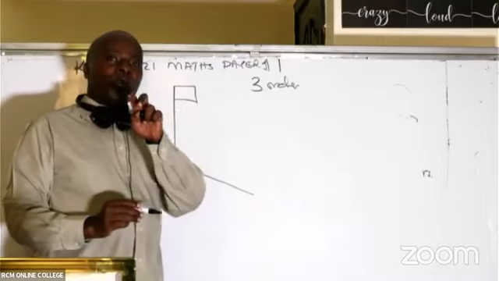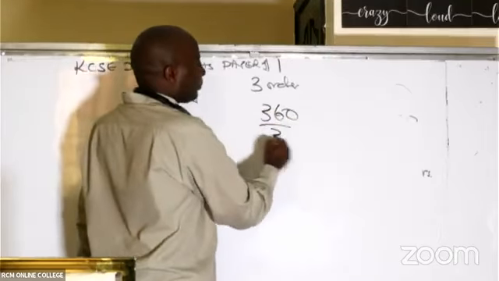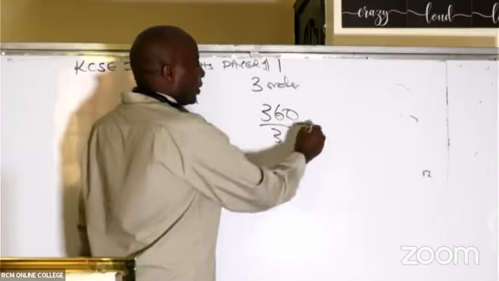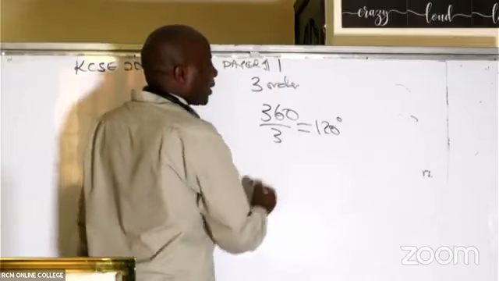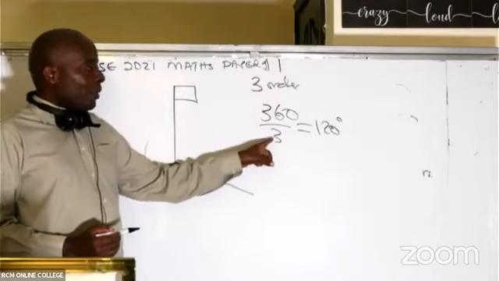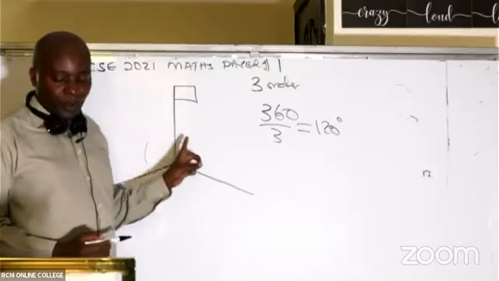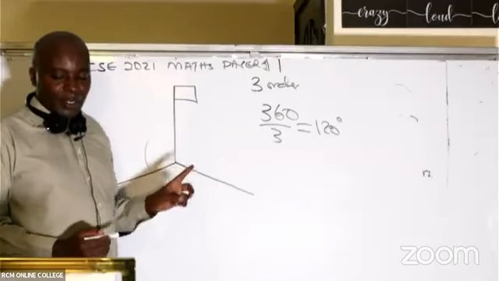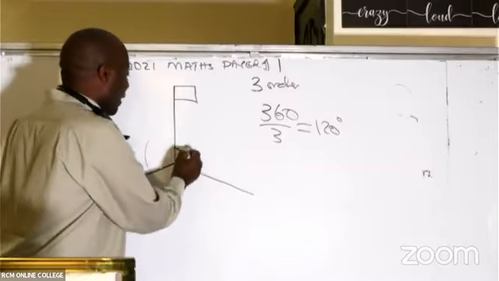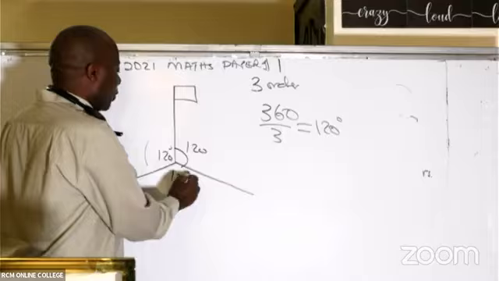The angle between these 2 flags will be 360 divided by 3, which is 120 degrees. If you're given 3-order, you divide by 3 to get the angle between the 2 flags. So this will be 120 degrees.